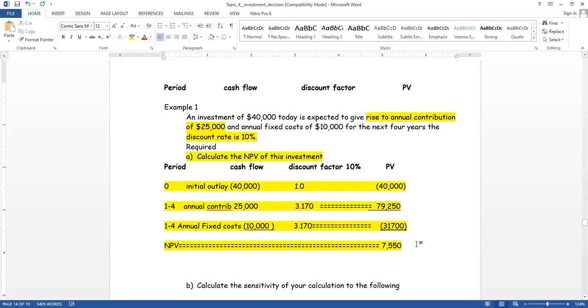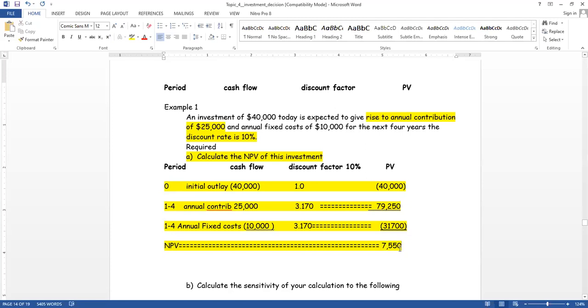Yes, it is a positive NPV. By looking at this, the project is viable.